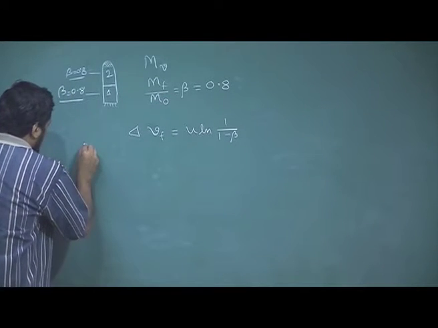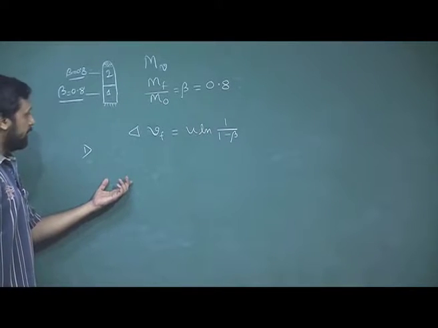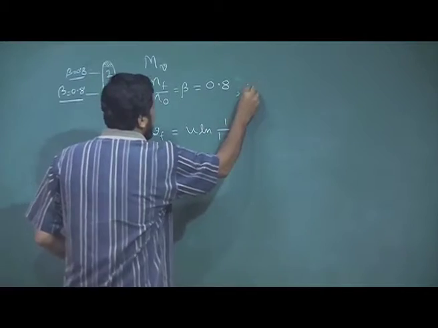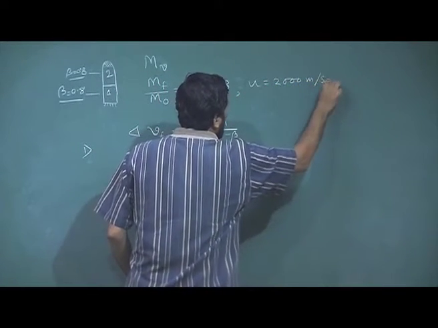Now what happens after the first stage is exhausted? The velocity change we need to calculate. u is given as 2000 meters per second.